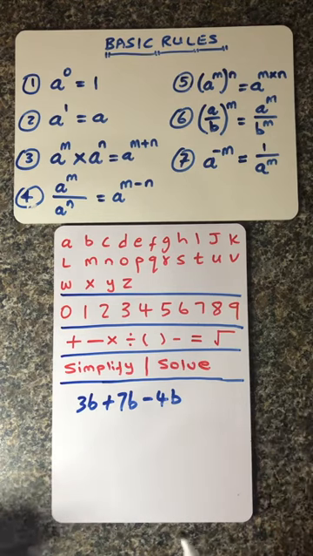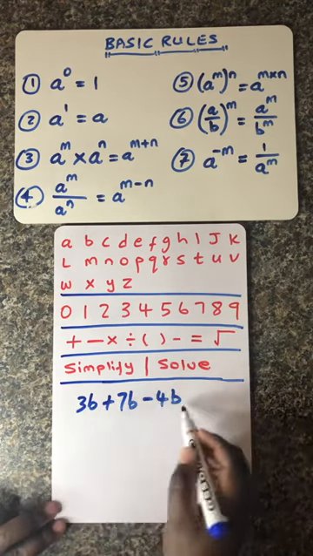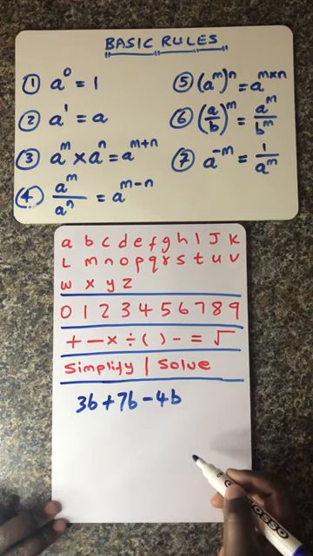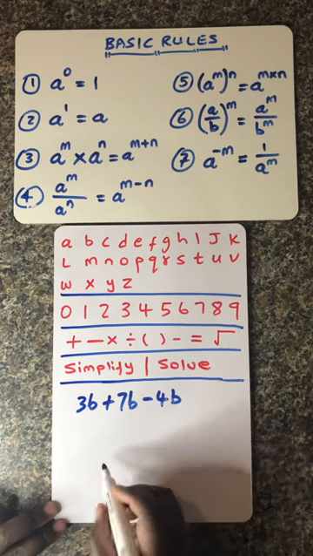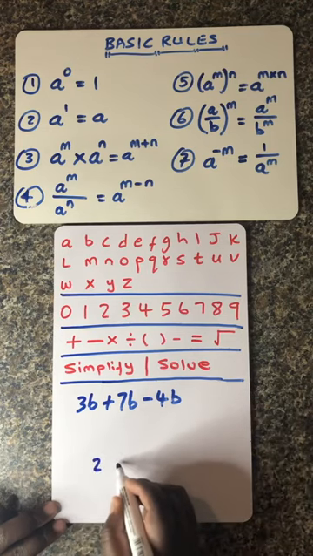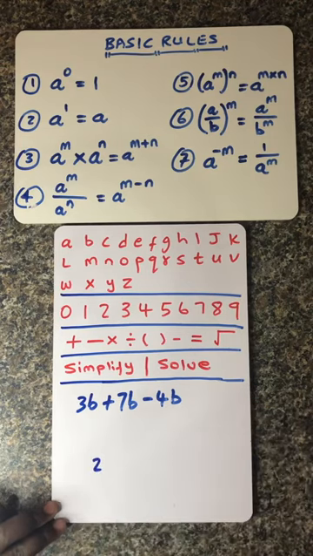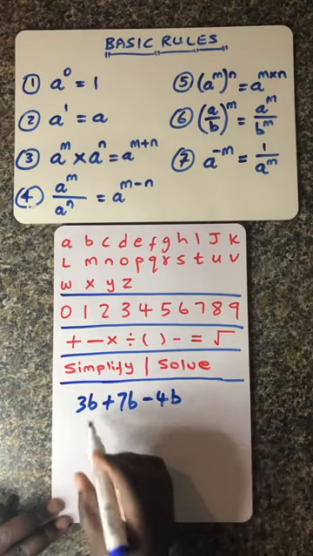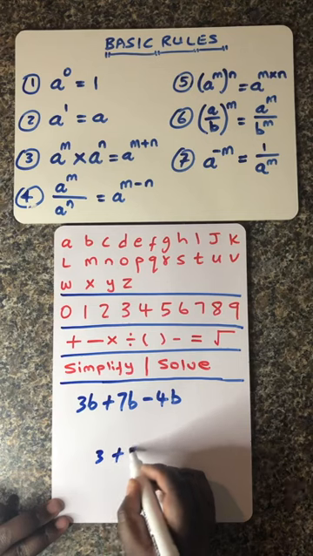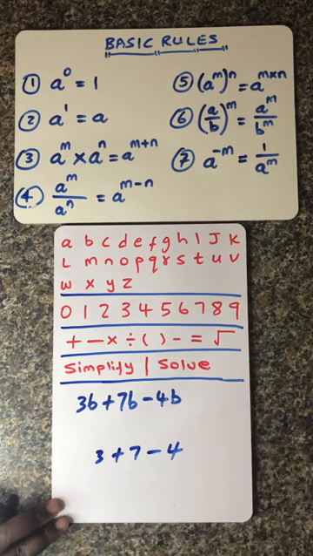Let me use an example which is related to that. Let's say you've got 3 plus 7 minus 4. This is what you are given, guys.